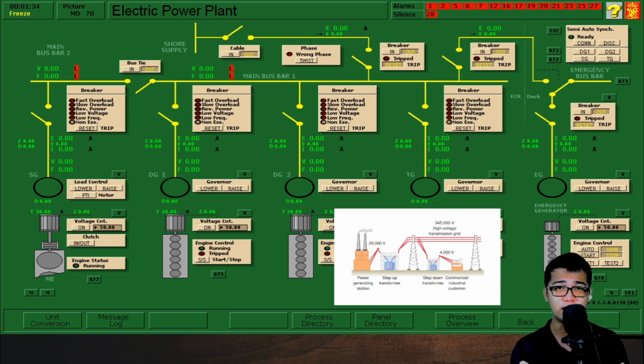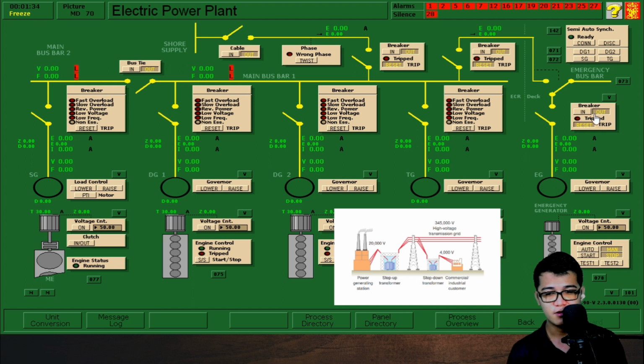Let's continue our discussion. After na-generate yung electricity, particularly since we have discussed diesel generator 1 and diesel generator 2, so doon muna yung focus natin, saan ba pupunta yung ating kuryente o yung ating na-generate na electricity? So tingnan natin doon sa diagram. So as what you can see here, so we have our breaker. Each of our generators have breakers.